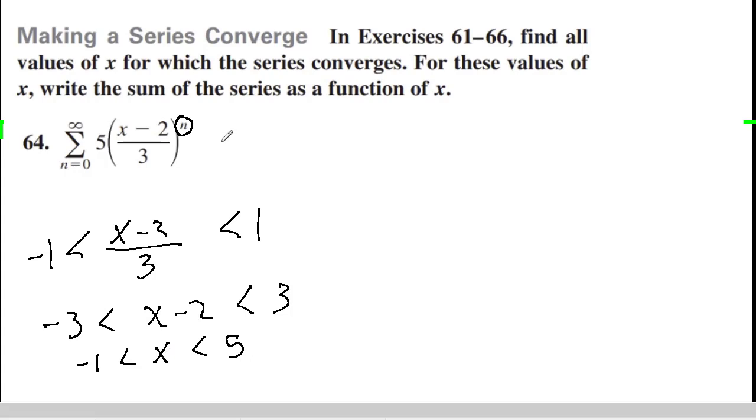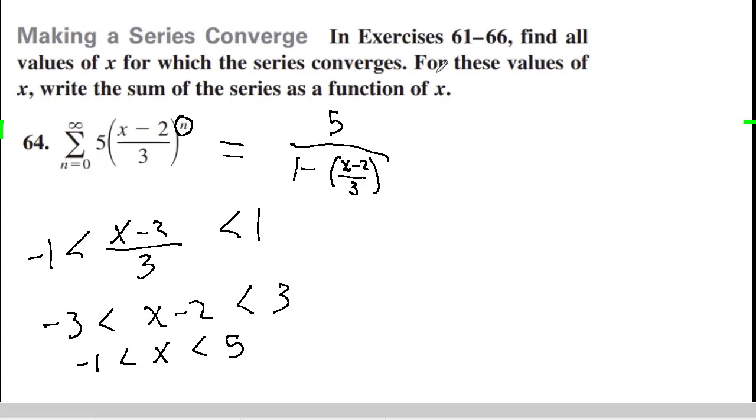And what will it converge to? Well, we know that too. We know that it will converge to the first term, and when we put in 0 for n, your first term will be 5, all over 1 minus the common ratio. And your common ratio is x minus 2 divided by 3. No exponent, just all over 1 minus the common ratio.